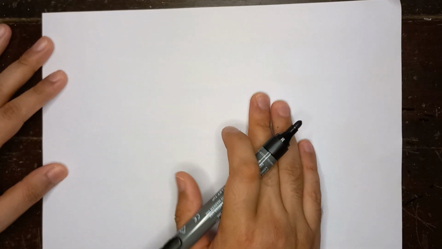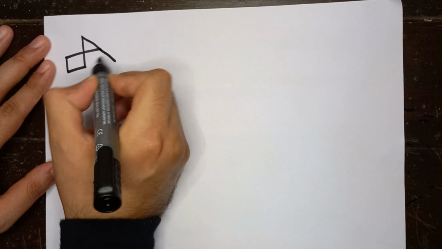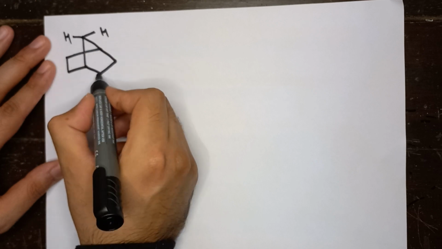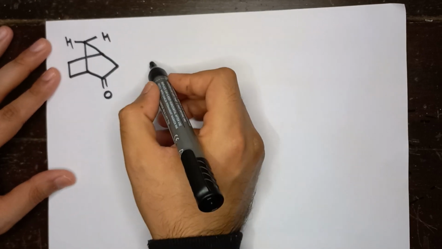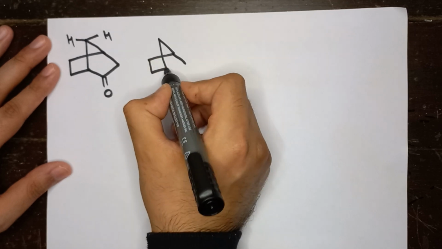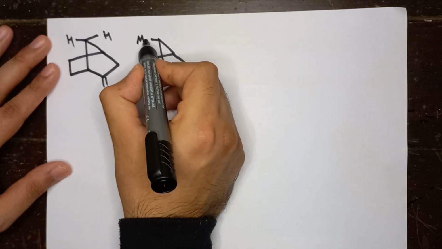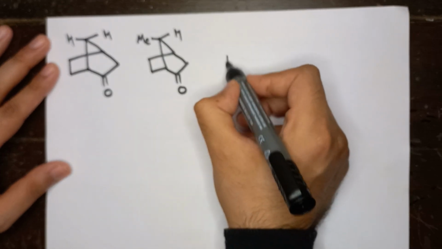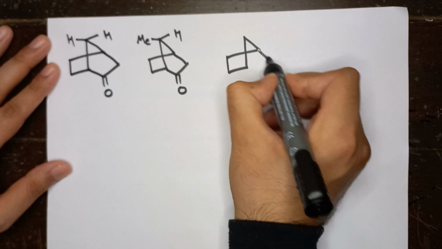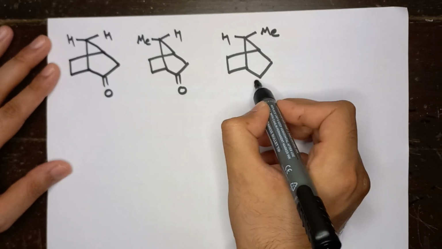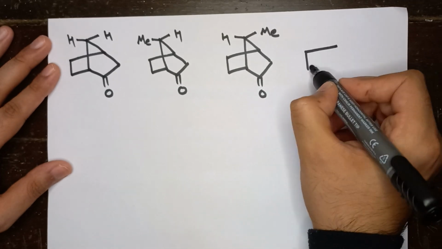Okay, so let's conclude. The first case, two hydrogens and a carbonyl. Then we have the second case, methyl in the left, hydrogen in the right, carbonyl, the third case, and the fourth one.